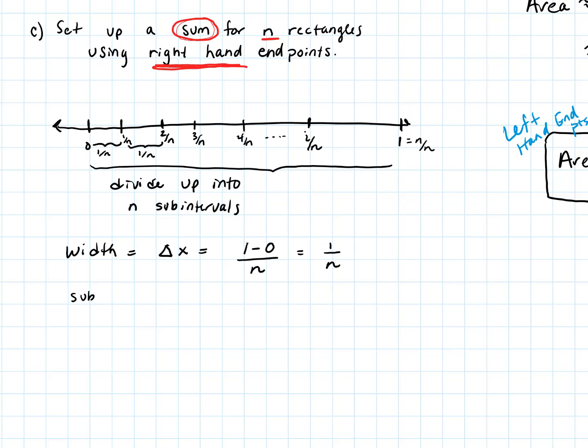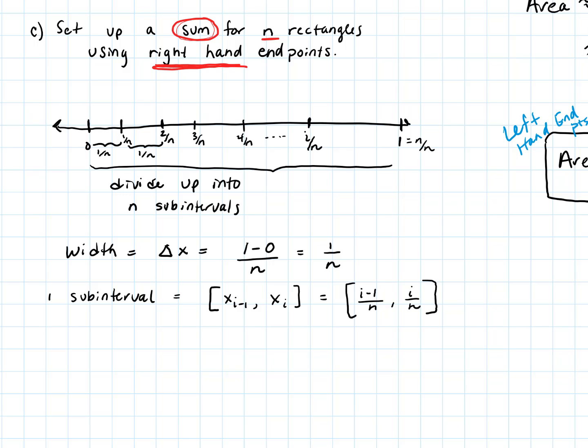Each subinterval is going to be, we'll call it x sub i minus 1 and x sub i. So based on the way we've done it, it's going to be i minus 1 over n and i over n.